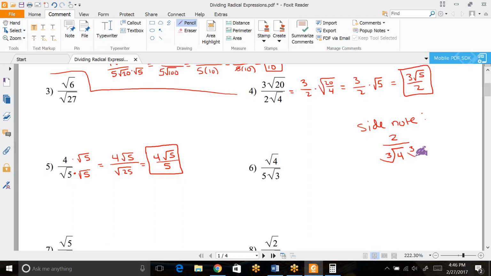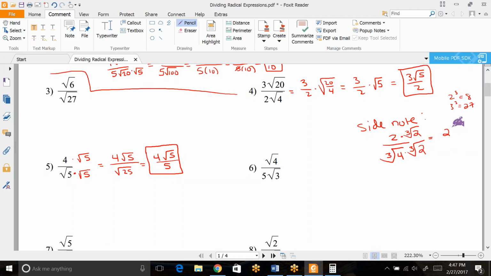So when you're dealing with perfect cubes, you need to ask, what is the first perfect cube that 4 goes into? So remember, my perfect cubes are 2 cubed is 8, 3 cubed is 27, but I already know that 4 goes into 8. So if I multiply this by a 2, that will make a cubed root of 8 in the bottom. Whatever you do to the bottom, you have to do to the top.